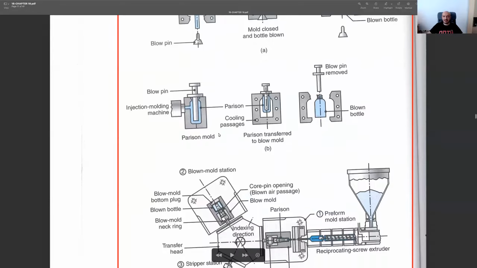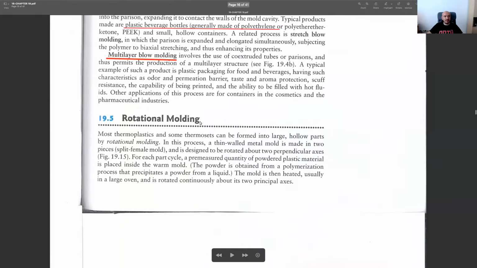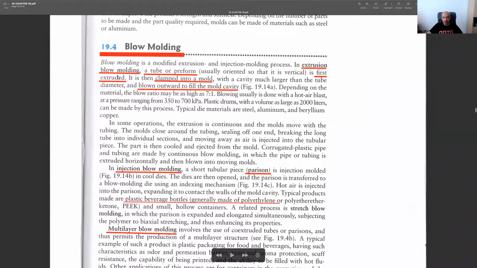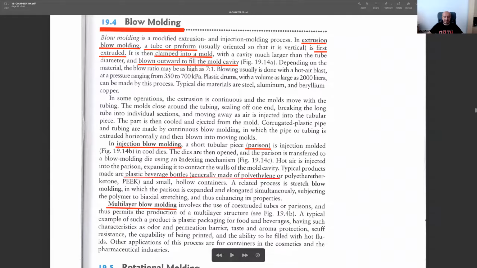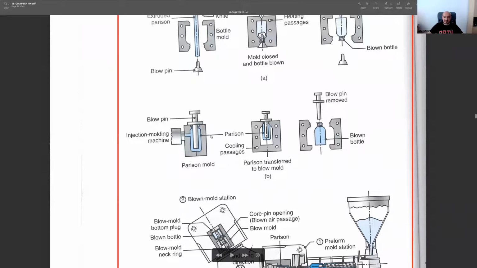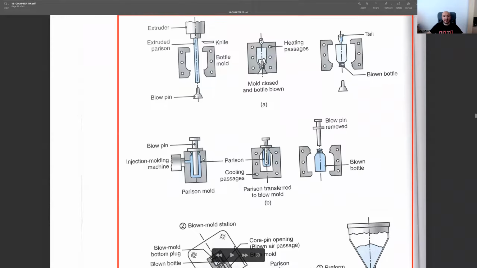And for the second type, injection blow molding, we discussed the first one, extrusion blow molding. In injection blow molding, the rest is the same, but at the beginning we make use of a parison. This is called a parison, and it is manufactured with the help of injection molding. But the rest is the same again.